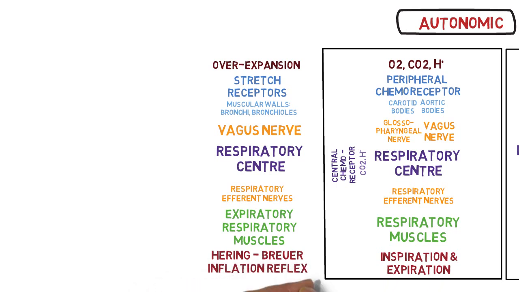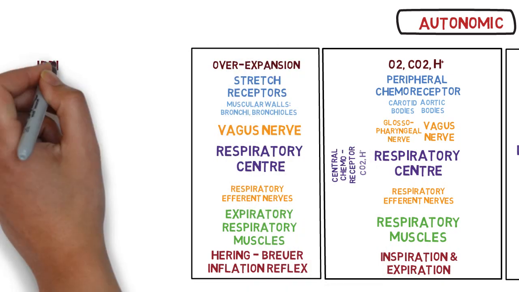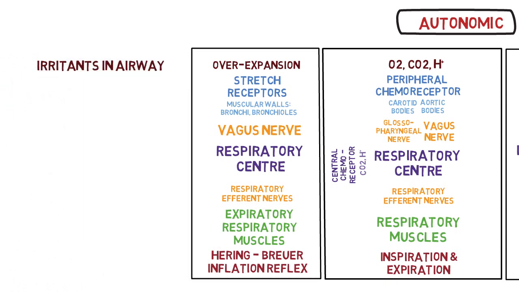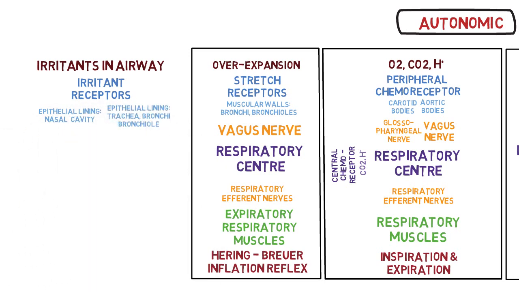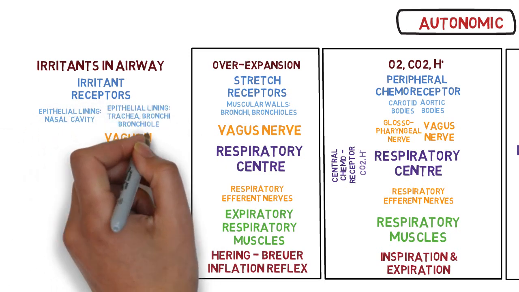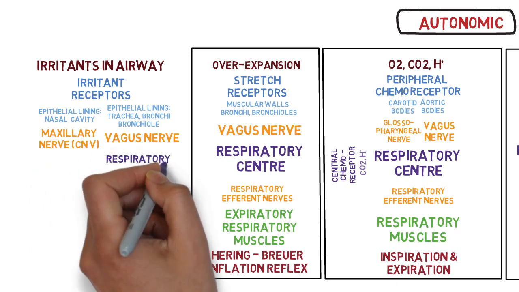Earlier, we also established that we can cough and sneeze. These are also autonomic reflexes due to presence of irritants in airway detected by irritant receptors in both upper and lower airway. Irritant receptors from lower airway send signal via the vagus nerve, whereas those from nasal cavity are sent via the maxillary nerve, both to the respiratory center.